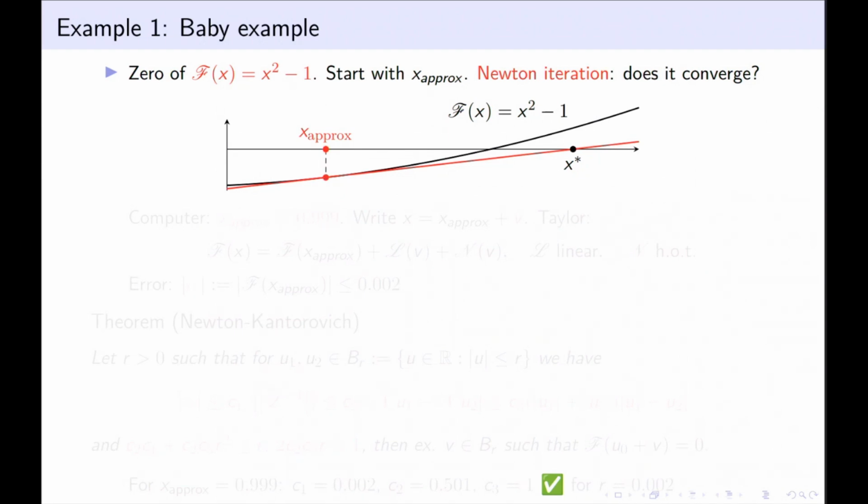So this gives you this x star. And hopefully, if things are nice, then x star is a better approximate solution than x approx. And sometimes it converges, sometimes it doesn't.